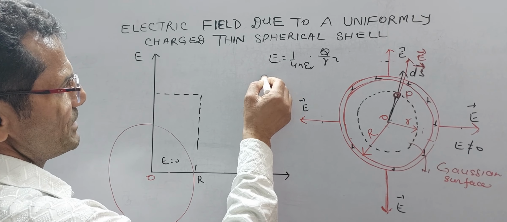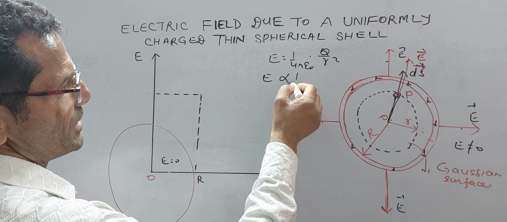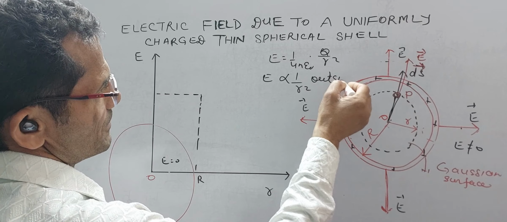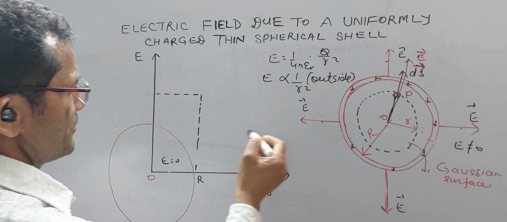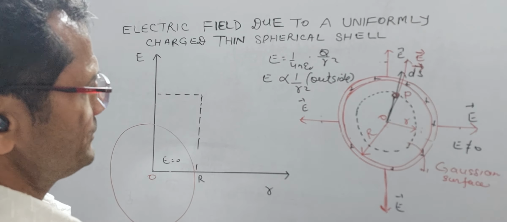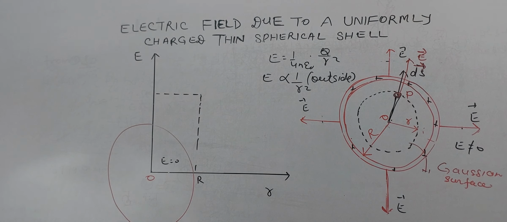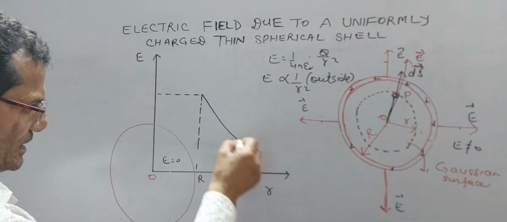So for the outside, E is proportional to 1 upon r square, and the curve should look like this.